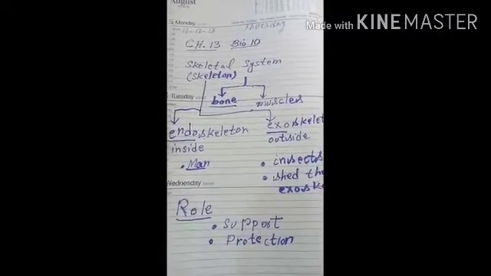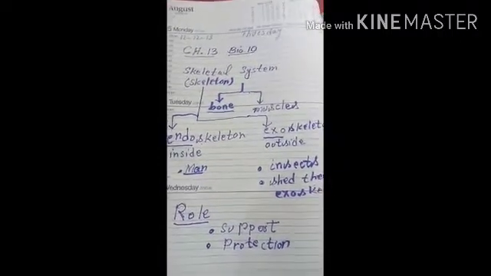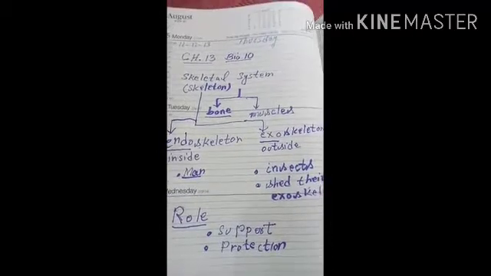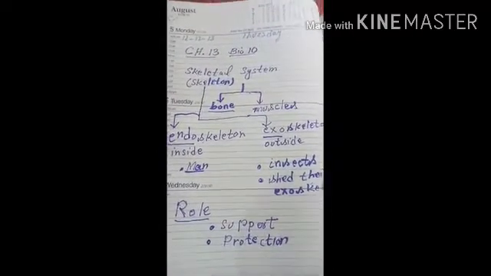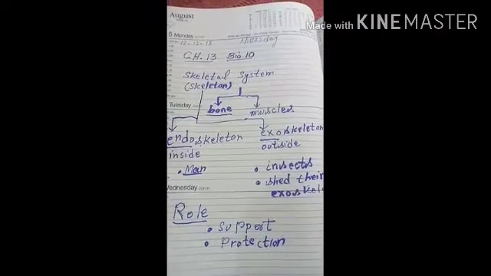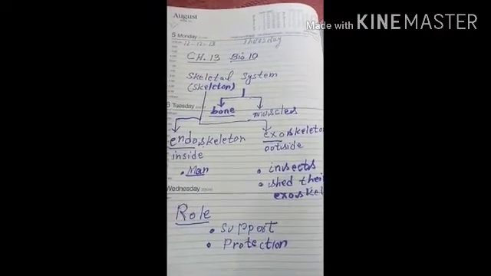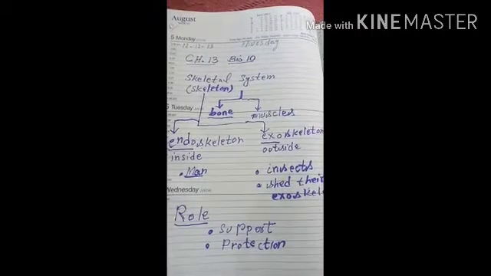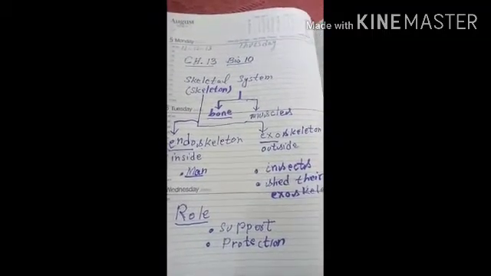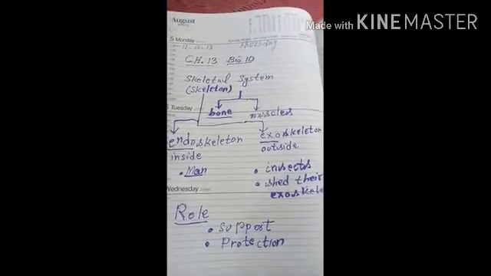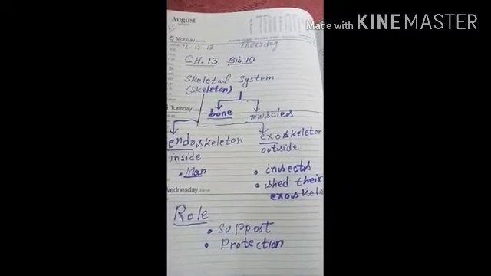Our brain is not only supported by the skull but also protected by the skull. Same is the case with the heart, lungs, and liver, which are supported and protected by the rib cage. So protection is also a major role of skeletal system.